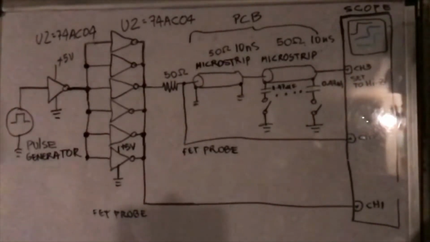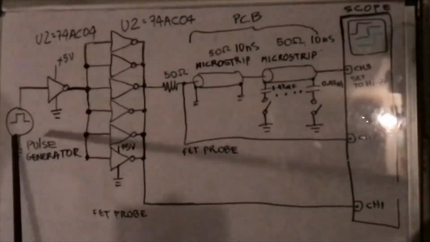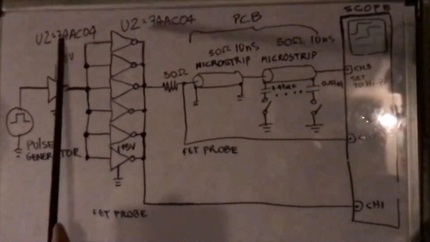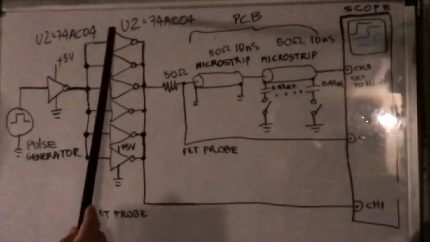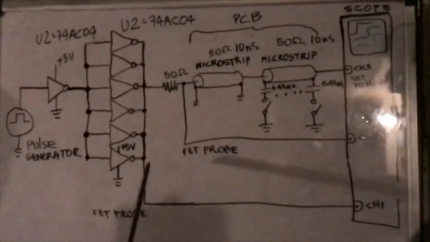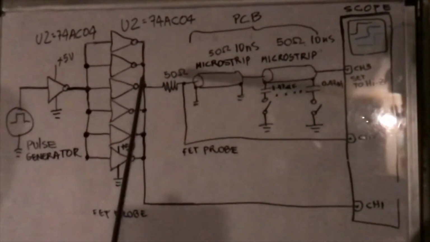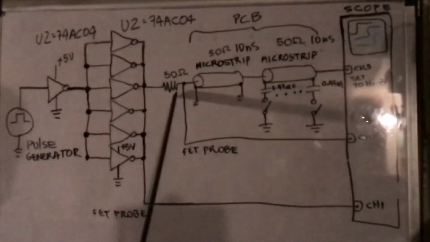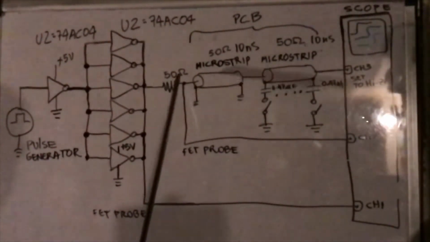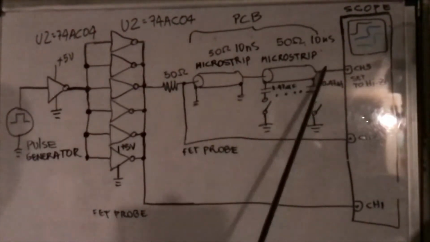This is our experimental setup. We have a pulse generator that drives a low impedance driver implemented with two packages of 74AC04, with an impedance of around 1 ohm or so. The low impedance driver drives the 50 ohm source termination, which in turn drives the input of the microstrip on the board.